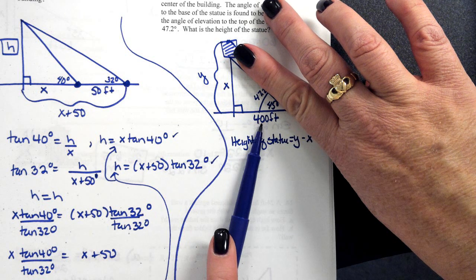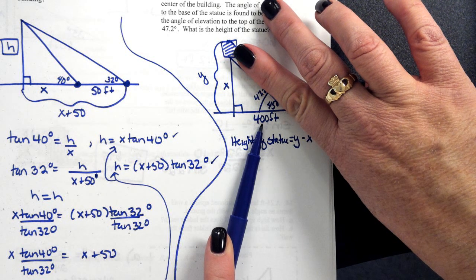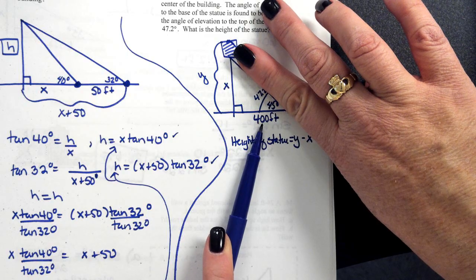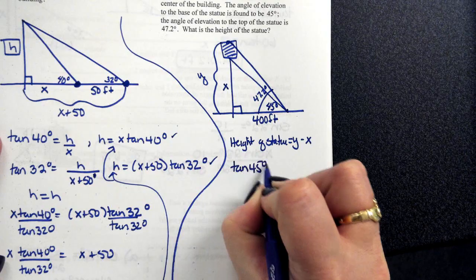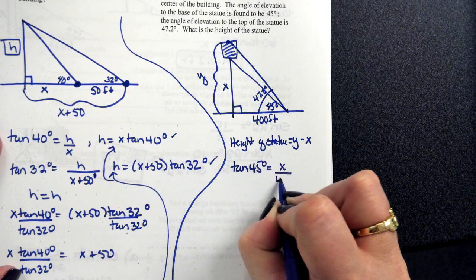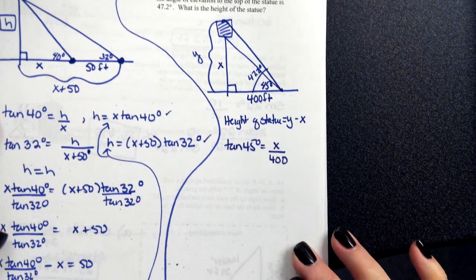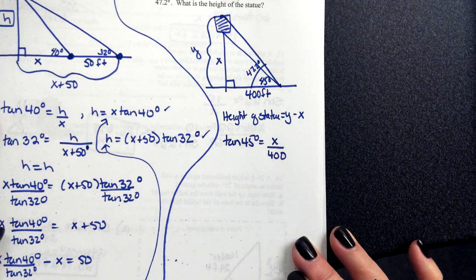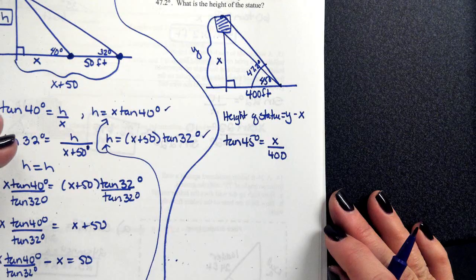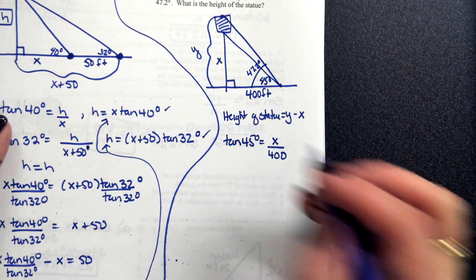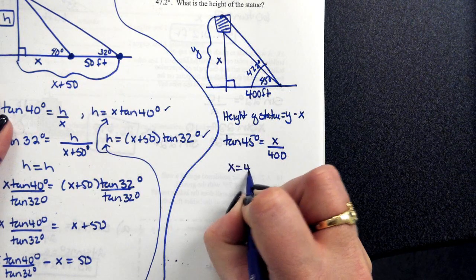Opposite. And I know which side of the triangle? Adjacent. So which trig ratio am I going to have to use? Tangent. So the tangent of 45 degrees equals x over 400. And if you're really good at your unit circle by now, you wouldn't even need to type the tangent of 45 degrees in the calculator, because the tangent of 45 is 1. So x is equal to 400.